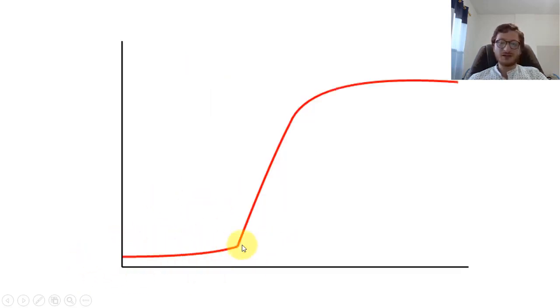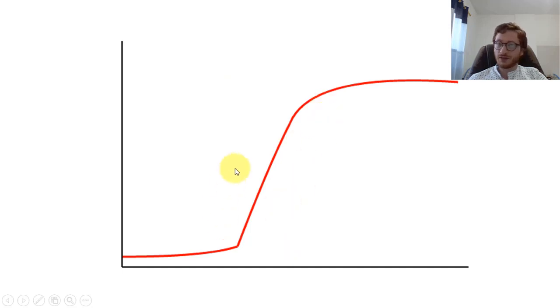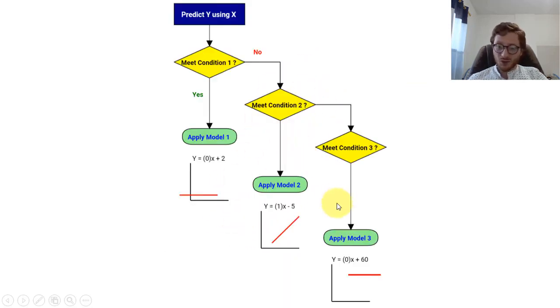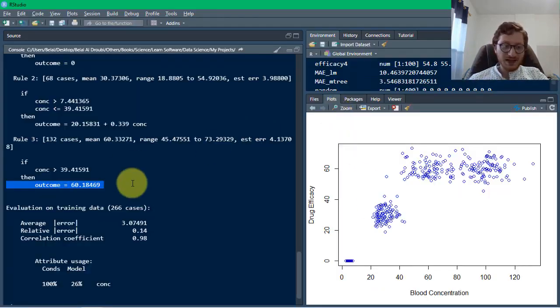This model, which is the second condition, the second rule, fits this portion of the graph very well. And finally, this third model, which is a horizontal one again, fits this portion of the graph very, very well. So this is what the Cubist model tree does, actually.